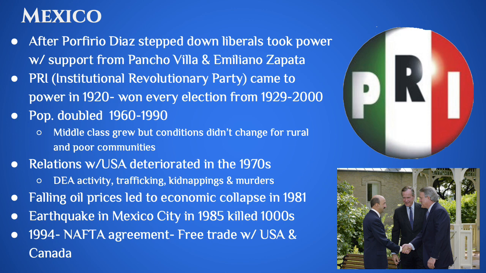Mexico's economy does start to rebound after 1994 with the establishment of the NAFTA agreement, which was a free trade agreement with the United States and Canada. Now, plenty of people will tell you that NAFTA was great for wealthy people in Mexico, but was not at all great for regular people in Mexico, and that's a debatable point.